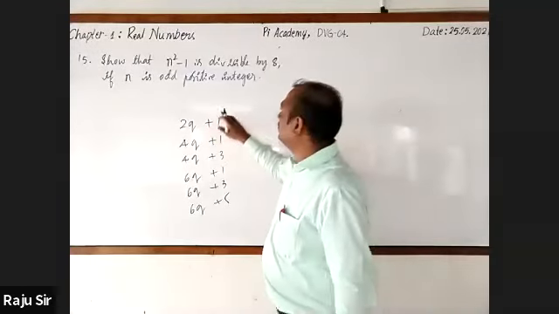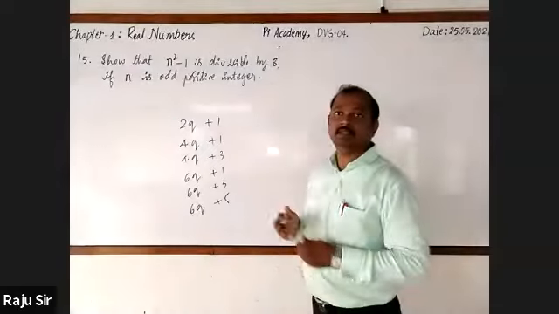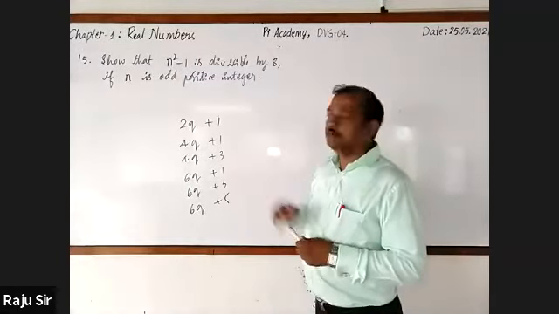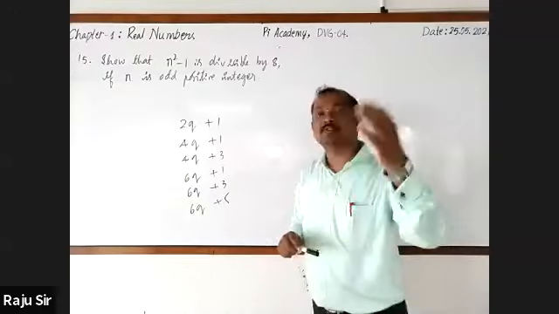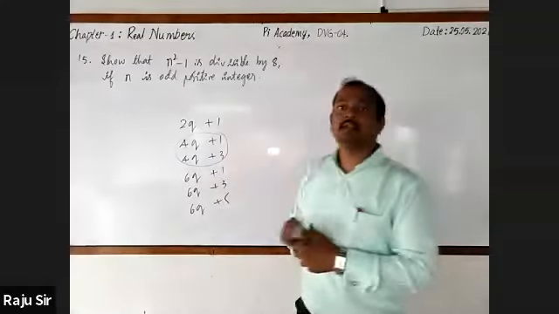Then, if you find n square minus 1, it should be divisible by 8. You know that 8 is a multiple of 2. 8 is also a multiple of 4. Then can we go for taking 4q plus 1 and 4q plus 3?